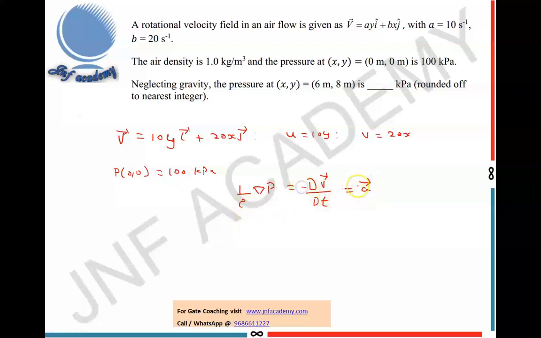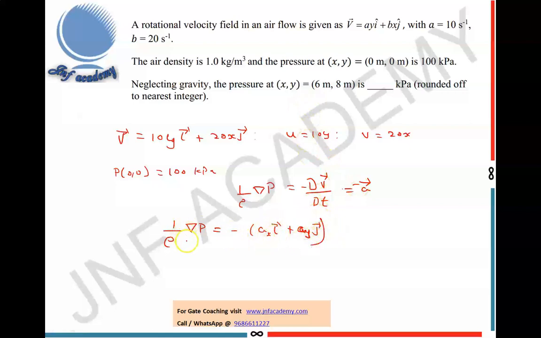Minus negative sign will come, sorry about it. 1 by rho del p is equal to minus dv vector by dt, which is nothing but your acceleration. So this is vector, so how will you get 1 by rho del p is equal to minus of ax i vector plus ay j vector, and you'll also get a z k vector, but since it's a two-dimensional problem, I'm neglecting that, right?